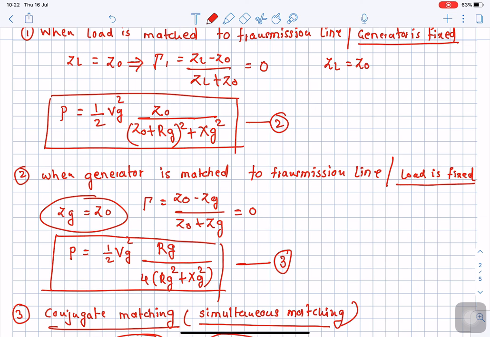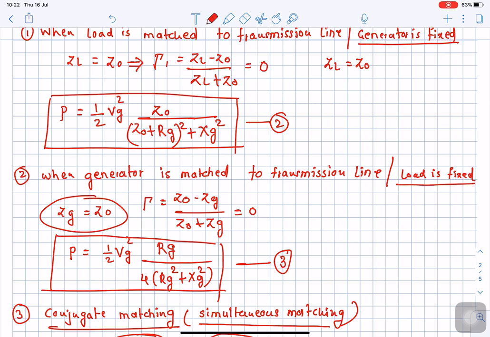Again I will revise over here. The main aim of designing the impedance matching circuit is to ensure that there will not be any reflection. Why is reflection happening? The reflection is happening because of a mismatch in the impedance. This mismatch could be at the load side, at the generator side, or on both sides.